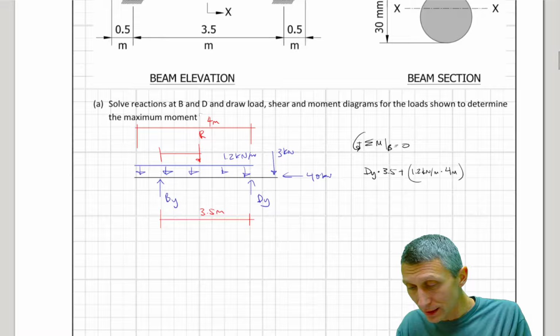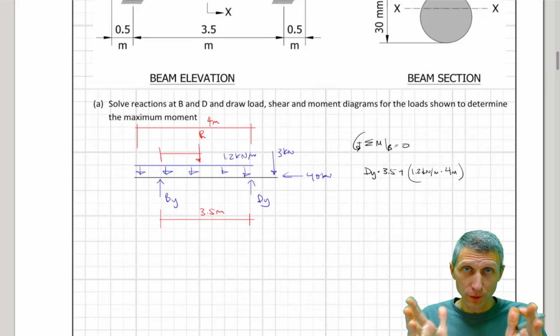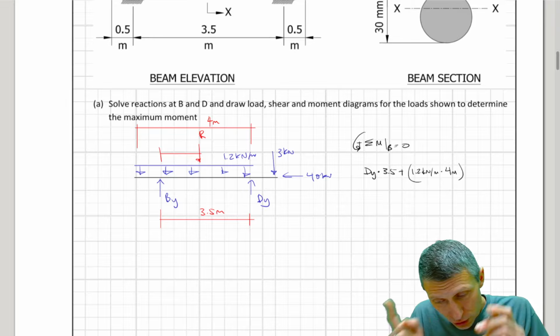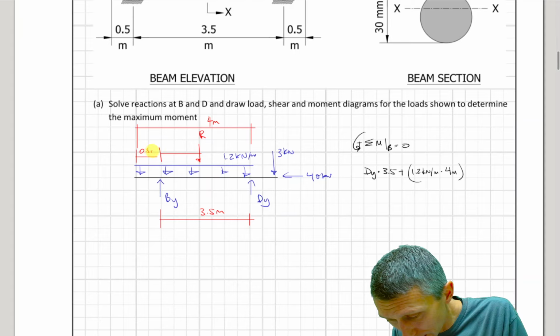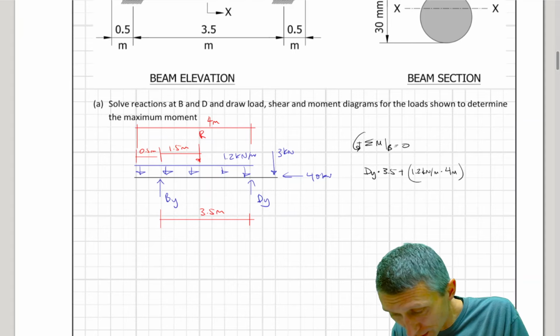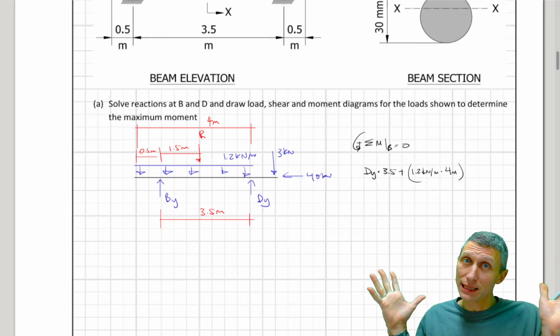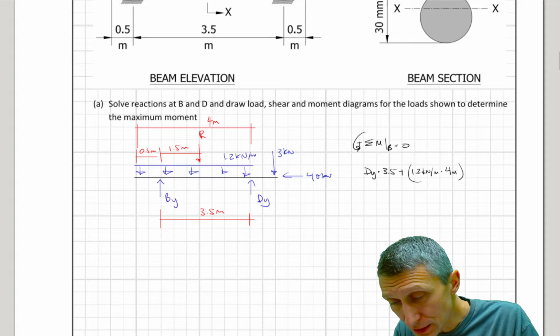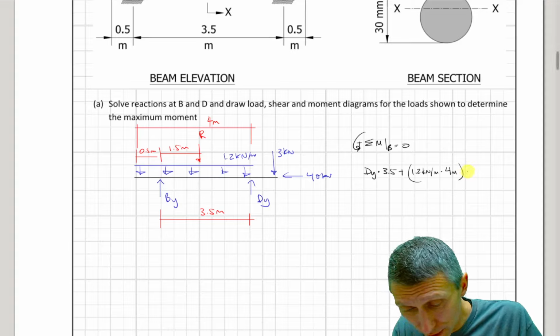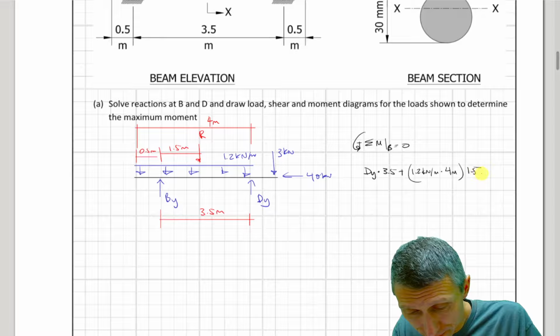The resultant is going to be at half of that, so you think 2, but 2 is not quite right, because we also have a half a meter here. So a half a meter, this is going to be 1.5 meters, and altogether it's in the middle of that load. So from point B, this is going to be a distance of 1.5 meters.